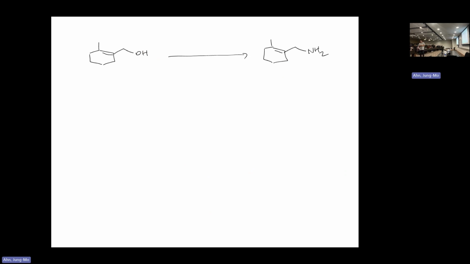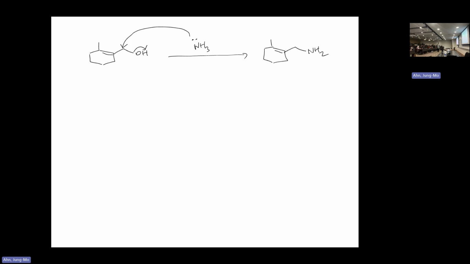All right, continuing. This one is not hard, but I just want you to think about this issue here. You have everything the same, right? Except OH is replaced by NH2. So how would you do it? Some of you would probably say, use ammonia and kick the hydroxide out by SN2.